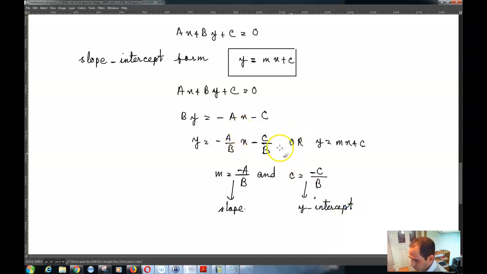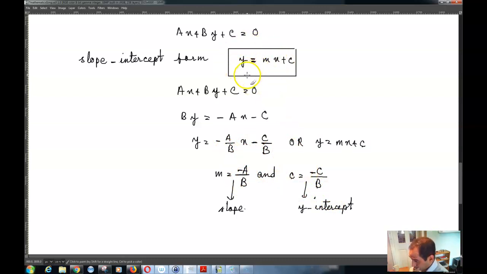Whenever you need to know what the y-intercept of your line is, or what the slope of the line is, you can write your equation in this form, and then based on that you can compare and find out what your slope is or what your y-intercept is.